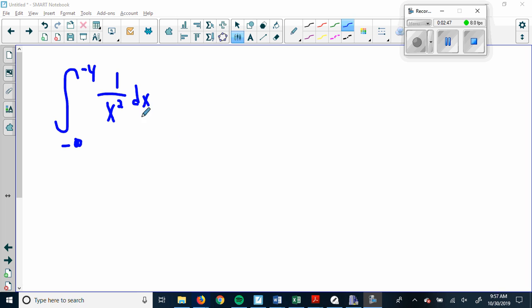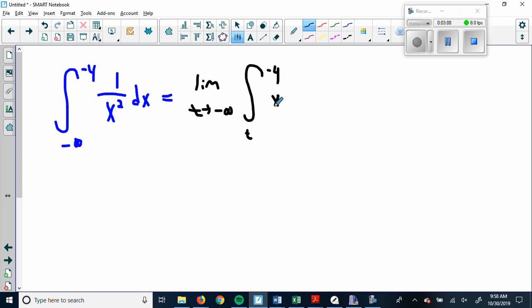So here we have an example, 1 over x squared. It's real similar to the one that we just did. And so hopefully you guys know what we're going to do with this. We're going to make this the limit as t goes to negative infinity, and we're going to integrate from t to negative 4. Let's make this x to the negative 2nd dx.